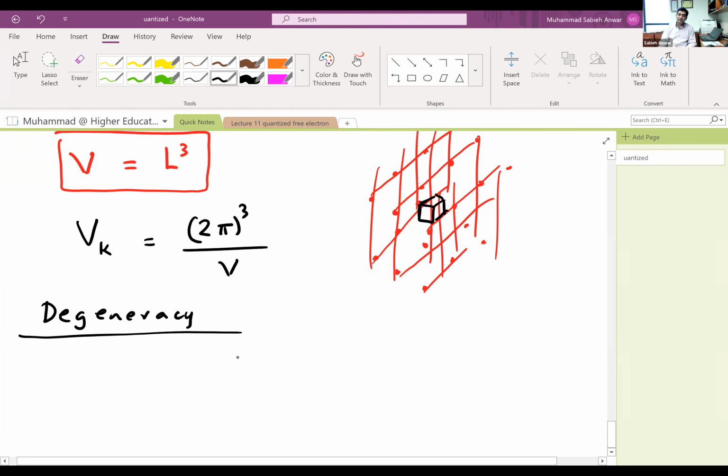We know that the energy of the electron is going to be equal to n square h bar square over 2m times (2π over L) square.